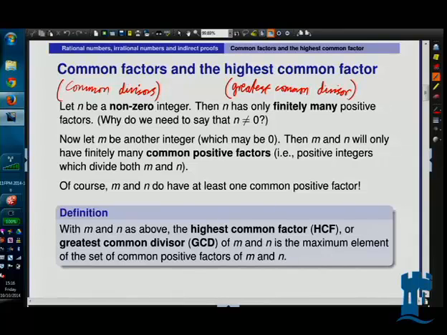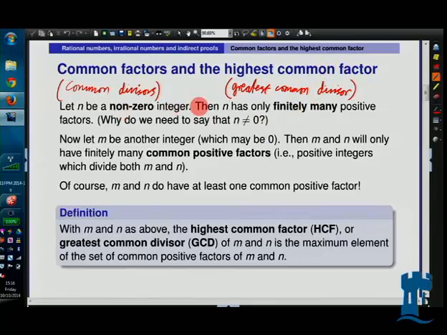I've been using the word factor for the last couple of years, and so I'll carry on with that. But I know a lot of people who prefer the word divisor, and because I'm talking about positive integers to be either factors or divisors in this module, it doesn't matter whether you use the word divisor or factor, I don't care.